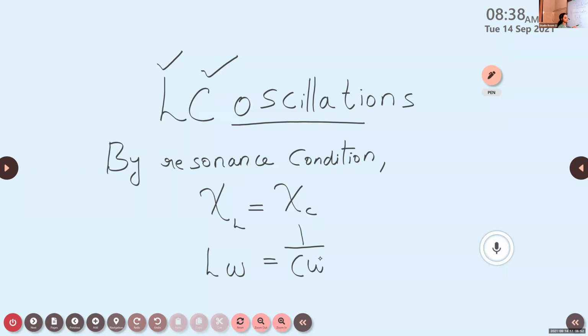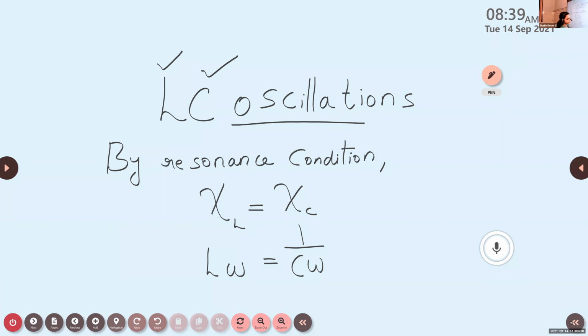So here we have started the derivation by considering the resonance condition. Under resonance condition, we know that chi L is equal to chi C, or L omega is equal to 1 by C omega. Now we are going to rearrange the equation by taking this omega to the LHS.